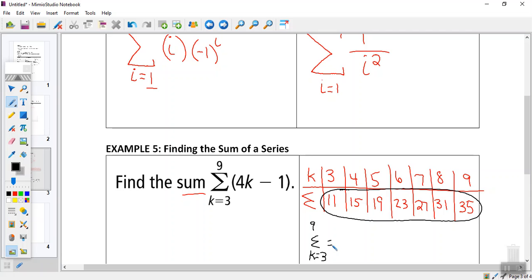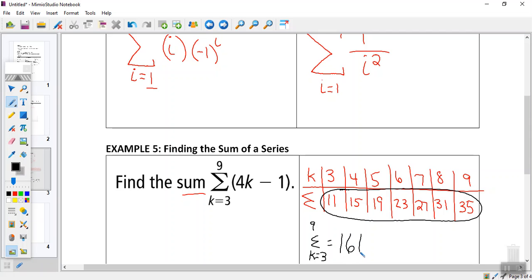Yeah. Do you understand why the k values only go from 3 up to 9? Yes. Okay, and then once I got those summation values out for 3, 4 individually all the way up through 9, what do we just simply do with them? And what do we get for a value? 161. Okay, finding the sum of a series.